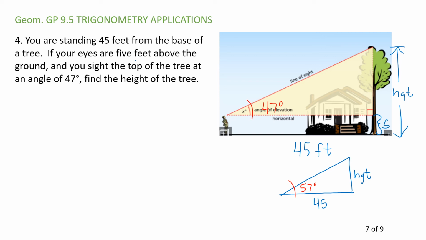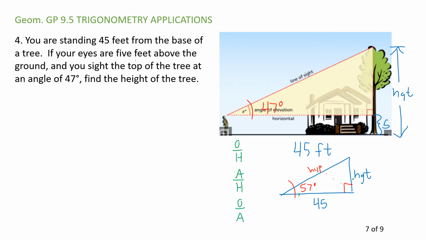So I need a relationship. First thing I need to do is identify the hypotenuse. I'm not going to use the hypotenuse because I don't know it and I don't want it. So I need to come up with a trig function that uses the side that is adjacent and the side that is opposite.